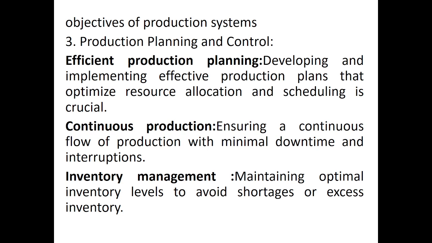Efficient production planning means developing and implementing effective production plans that optimize the proper allocation of resources and scheduling, which is crucial at the moments when there is a huge demand, a requirement of huge supply, a requirement of huge resources.